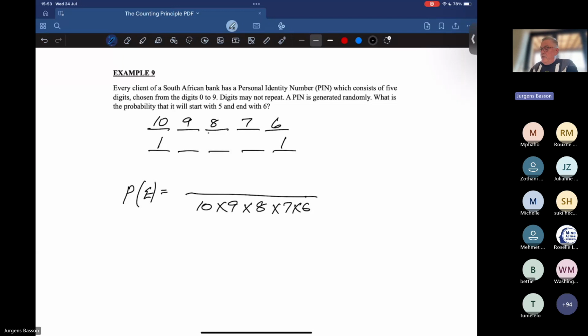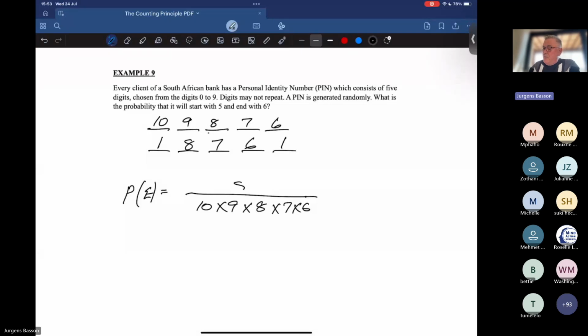So now we do the other 3 from the second position. And you will hopefully agree with me, we've now got only 8 digits left because we already placed 5 as well as 6. So we go now 8, 7, 6.